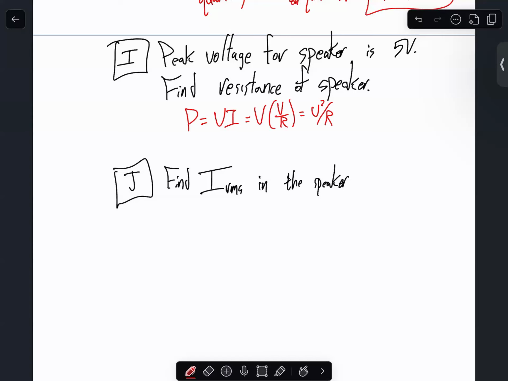So what I do here is I plug in 5 volts times 0.707 to get my RMS, and then divide that by R. I solve this for R, and I get R equals (5 times 0.707) squared over the power, which was given as 5 watts. And that turns out to be 7 ohms.